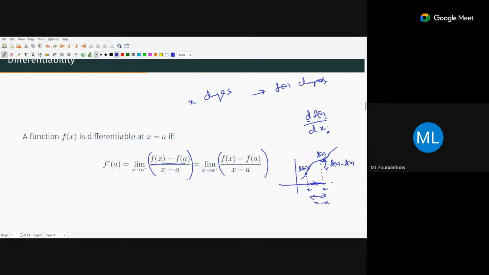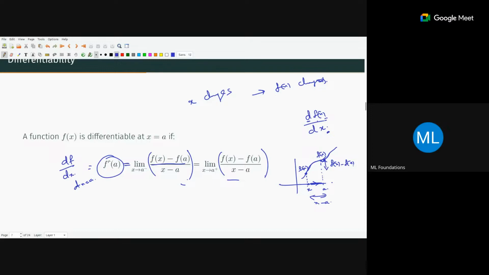If these two are equal, we will represent it with one notation. f dash of a is the notation for dy by dx. This is also called df by dx at x equals a. So it's the derivative.